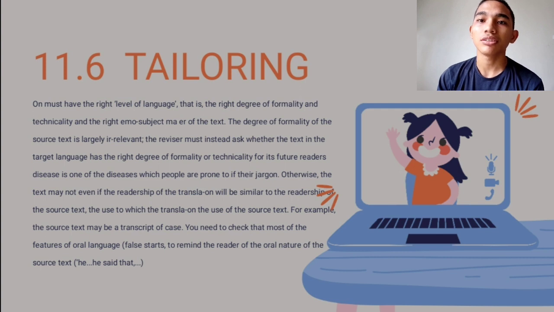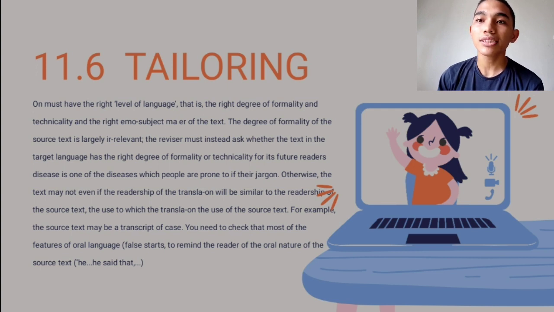The translation must have the right level of language, that is, the right degree of formality and technicality, and the right tone. Vocabulary must be suited to the education level of readers and to their knowledge of the subject matter of the text.